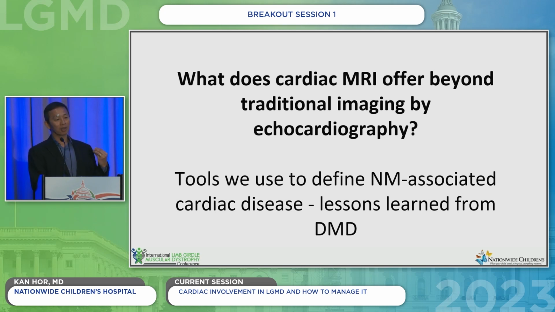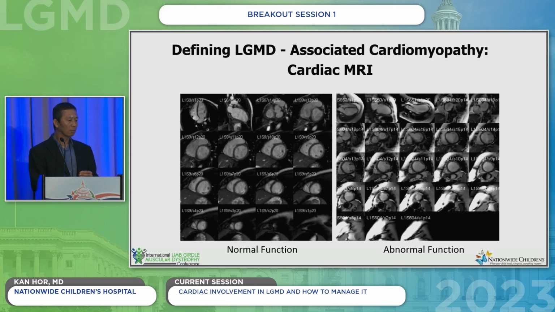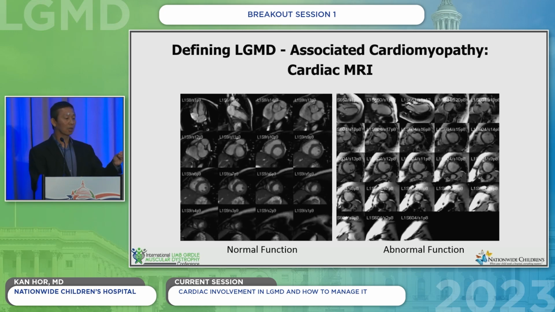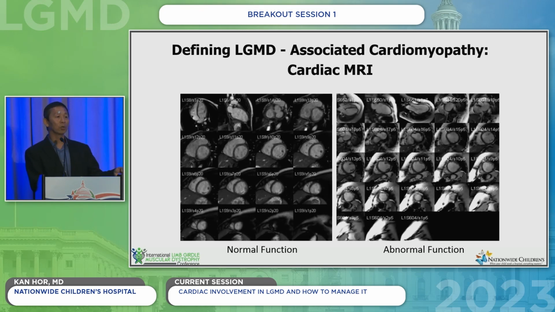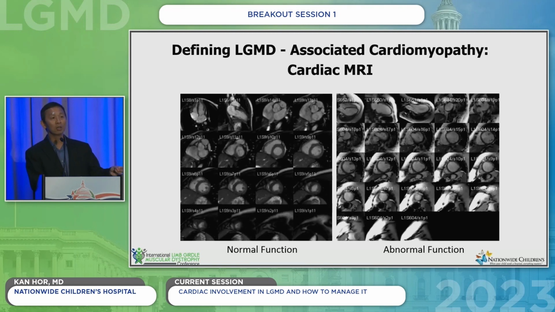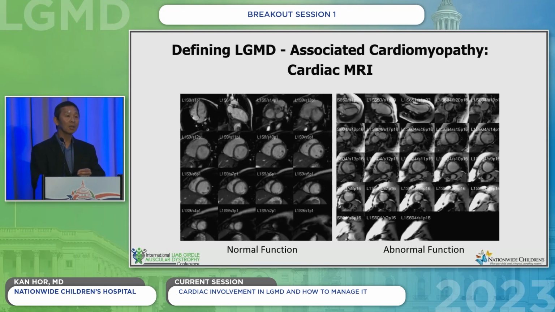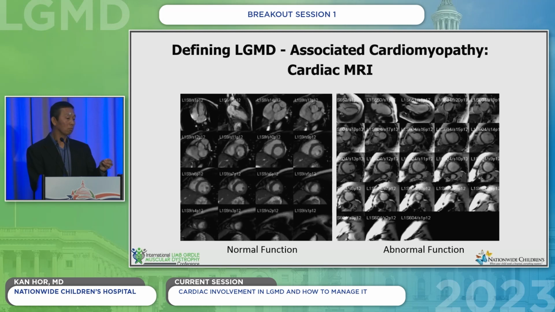So what does cardiac MRI offer beyond traditional echocardiogram? On the other hand, you take a look on the right, a younger patient with normal heart function, the image is really good. On the right, an older patient with really terrible function. Yes, the movie is playing, but the quality of the image in this patient is great.